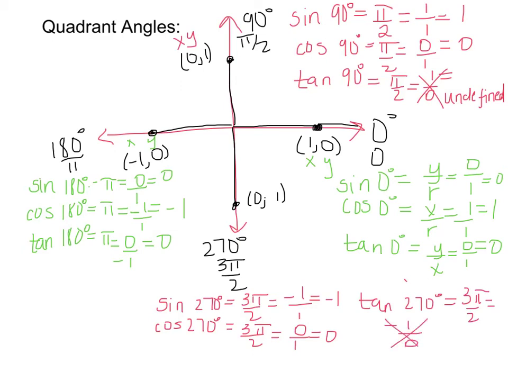And we can't do it, so it's undefined. And those are our quadrant angles. And of course, we can find the reciprocals now that we have sine, cosine, and tangent for all the quadrant angles. We can go back and do the reciprocals as well.